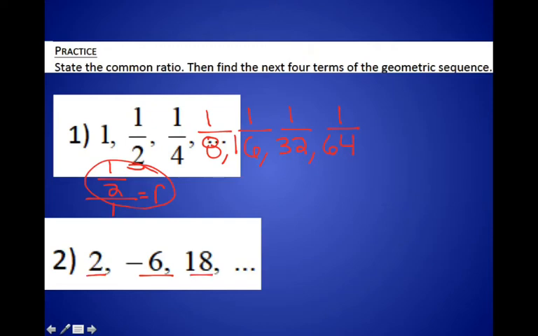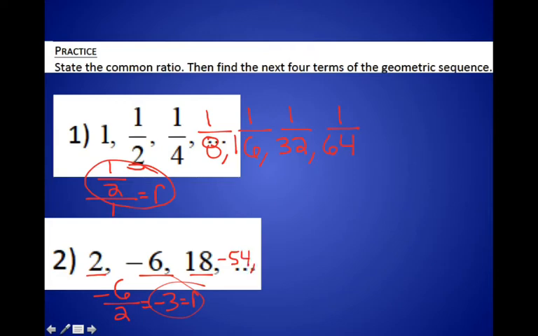So you have to be able to do 18 divided by -6, and get the same common ratio as you would if you take -6 divided by 2. So -6 divided by 2, the common ratio is -3. So that means we have to multiply it by -3. And if we do that, then we're going to get -54.